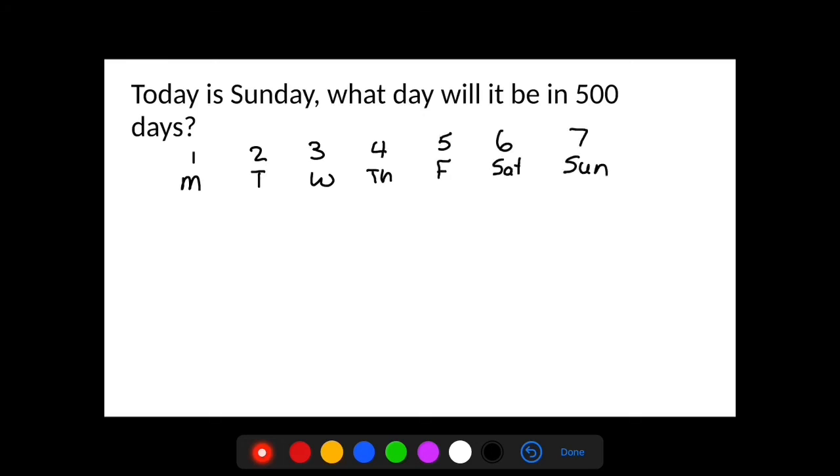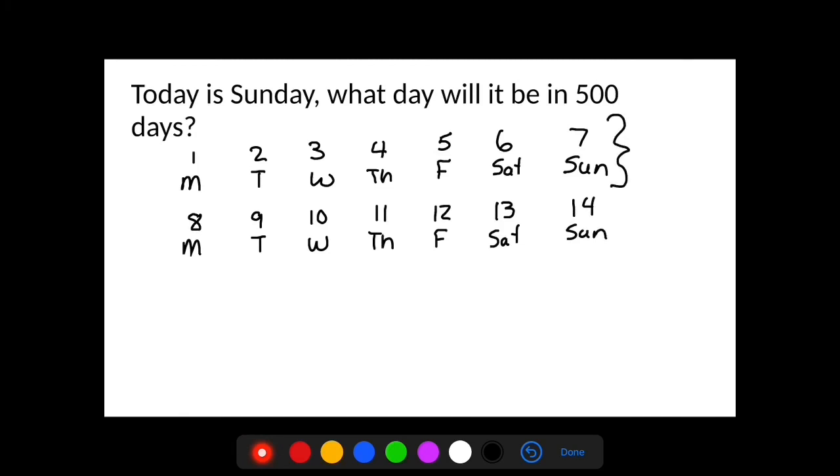I know a week is 7 days, so I'm going to start over then. I'm going to repeat Monday, so I'll come down here. In 8 days, it'll again be Monday. So key here, my repeating unit is 1 week or 7 days.